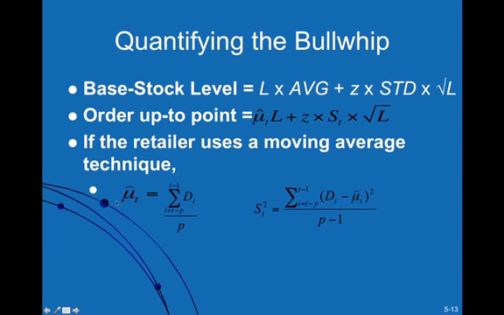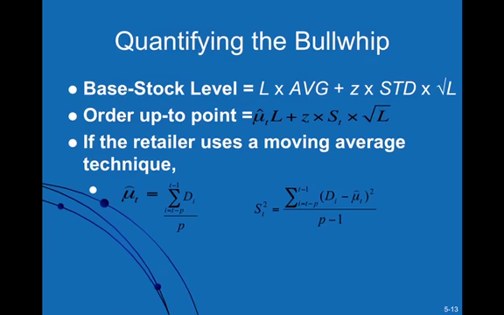So what you notice here is that the average demand is changing as the demand patterns are changing. And then this is just the standard deviation, or the variance, sorry, of the demand, which you should remember from your statistics course. So these 2 parameters are actually here in what we call the order up to point.